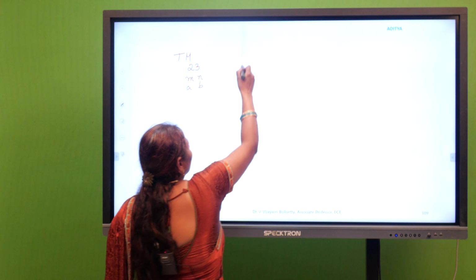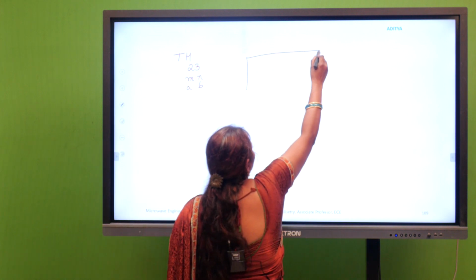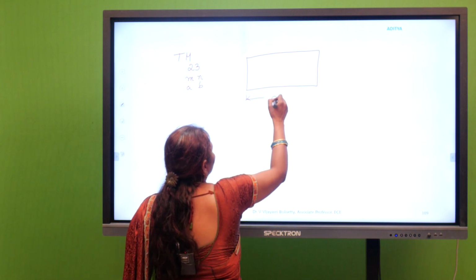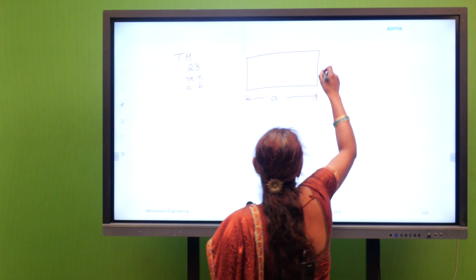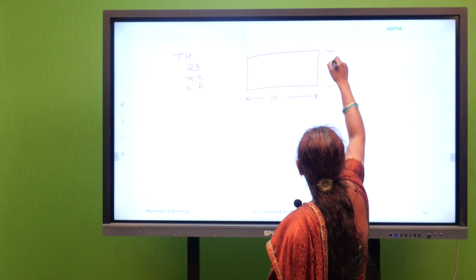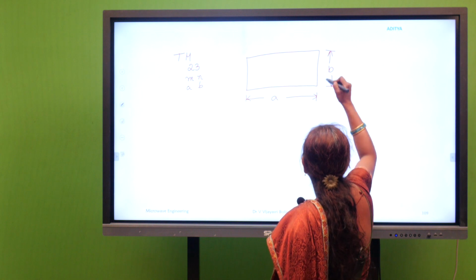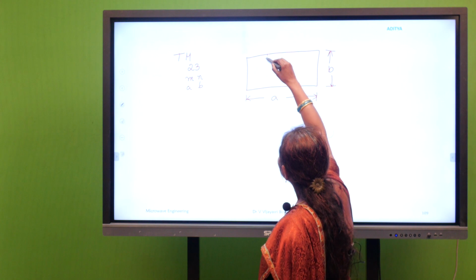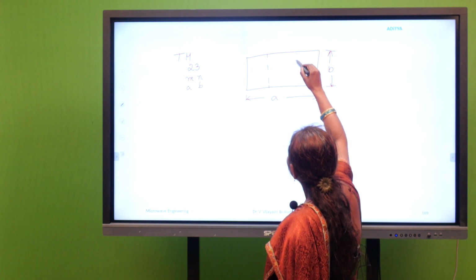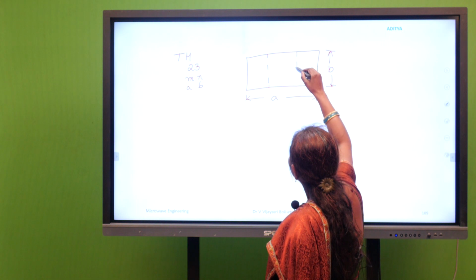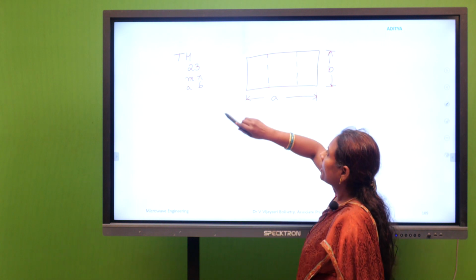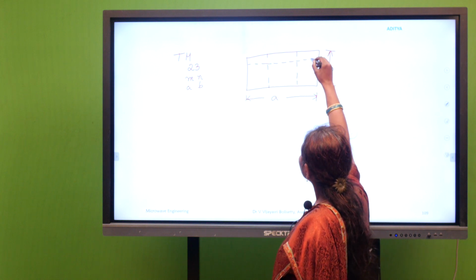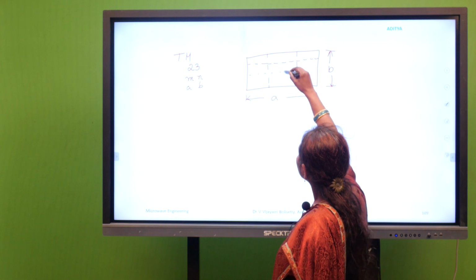So, let us draw the rectangular waveguide, and this is A, and this is B. So, we need 2 variations onto A, that means we draw 2 lines onto A, and 3 variations onto B. So, we draw the 3 lines.